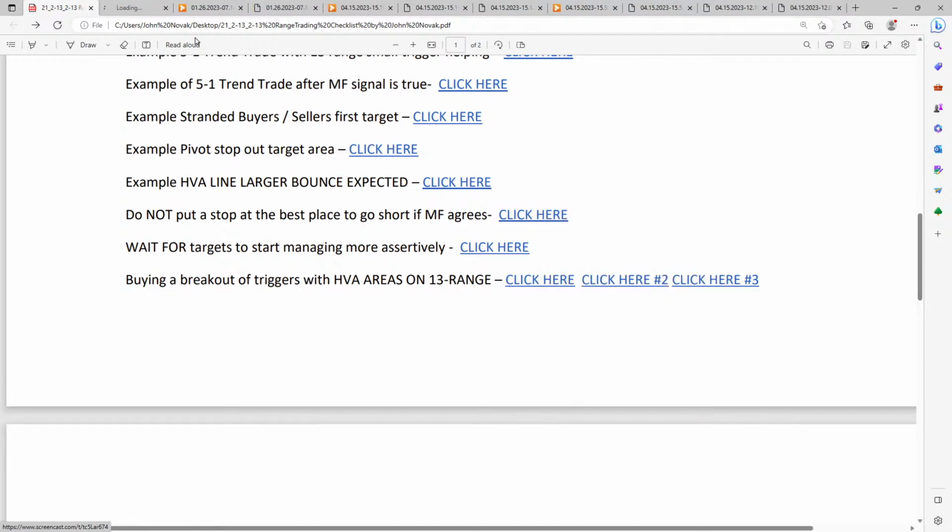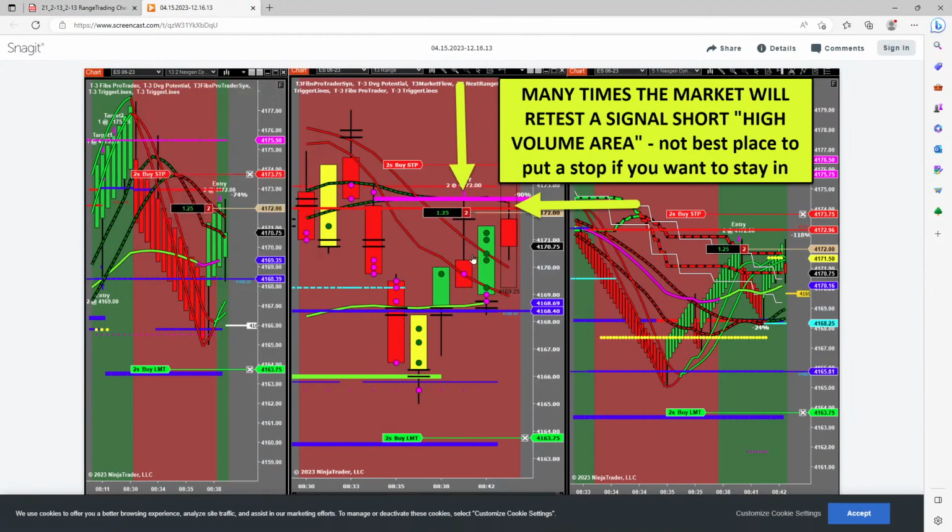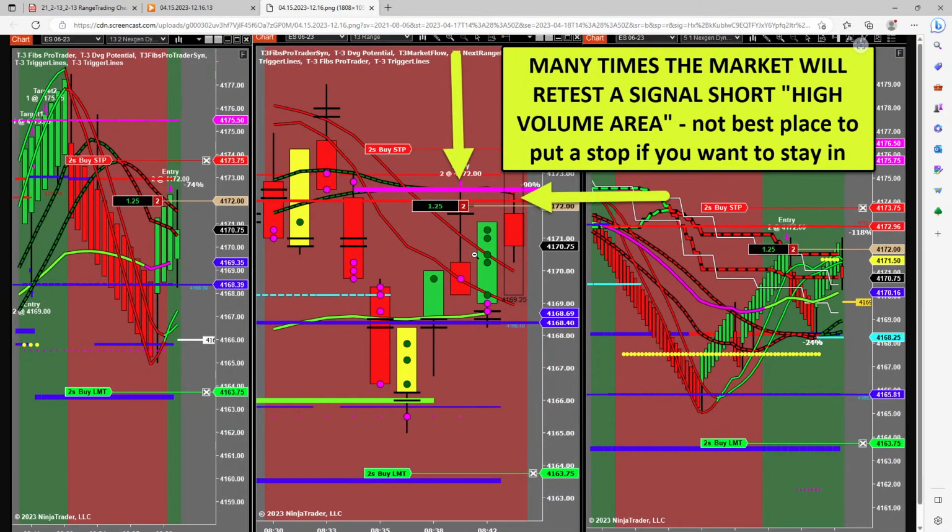Here's a big one. My brother and I have gone back and forth on this a lot. How many times, by show of hands, you guys tell me if it's true or not, do you get in, make $100, get stopped out at break even, and then the little bastard goes on and you would have made $500 anyway? How many times?